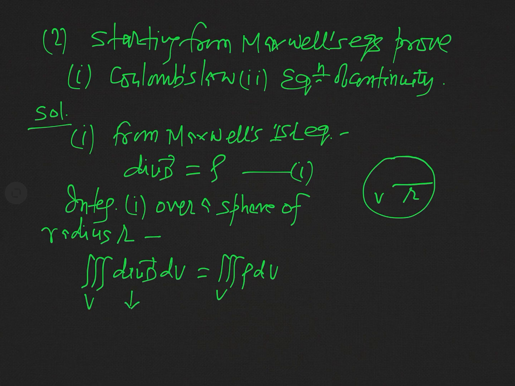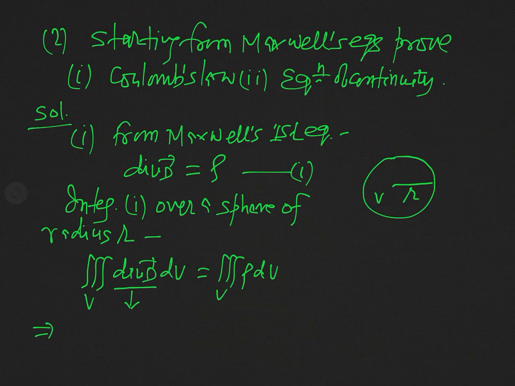And you know from Gauss's divergence theorem, here I am just solving the problem in short steps, as you are now familiar with these concepts. You know that the volume integral of divergence of any vector field is equal to the normal surface integral of that vector field in accordance with Gauss's divergence theorem.